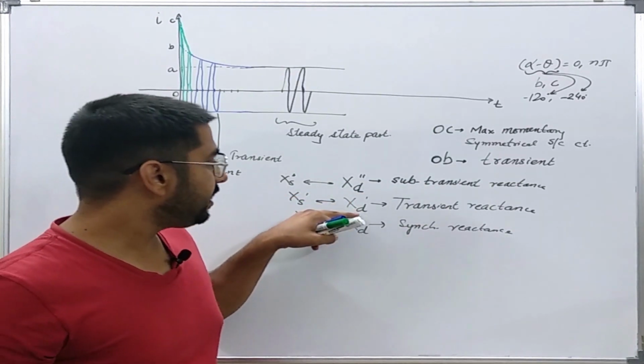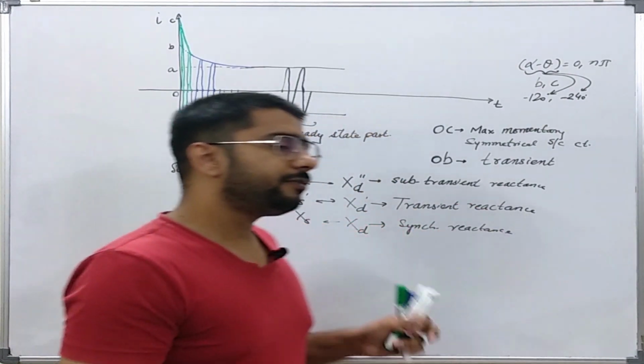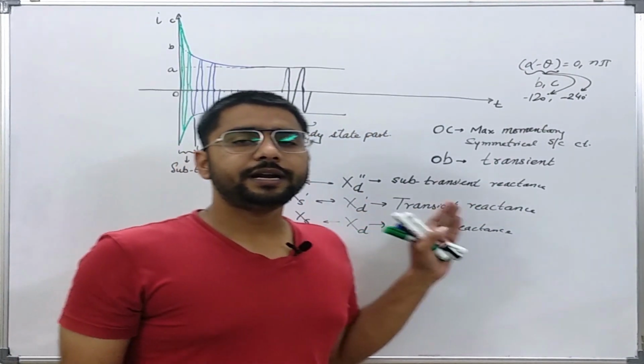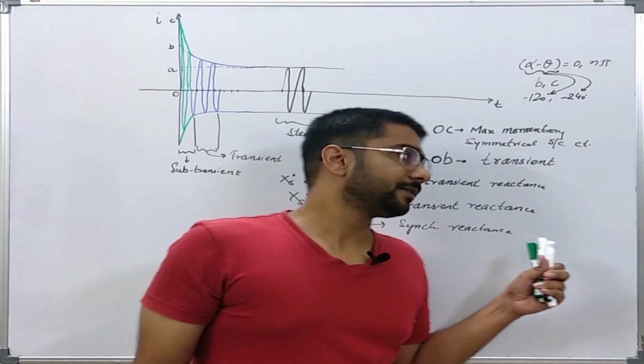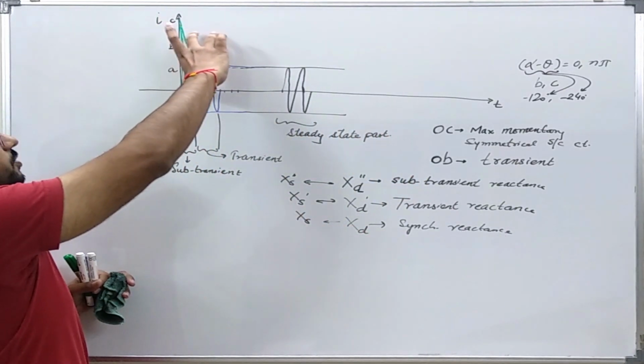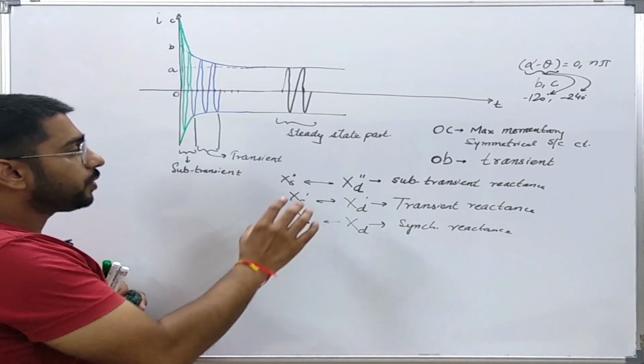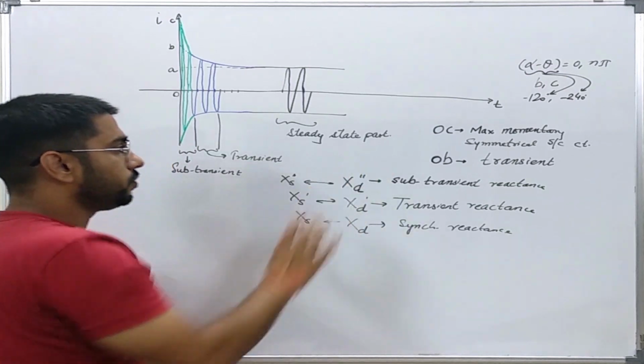This D refers to the direct axis reactance. Okay, we will also study this in detail in our next lecture. Now, from this oscillograph, we will try to define these three values.